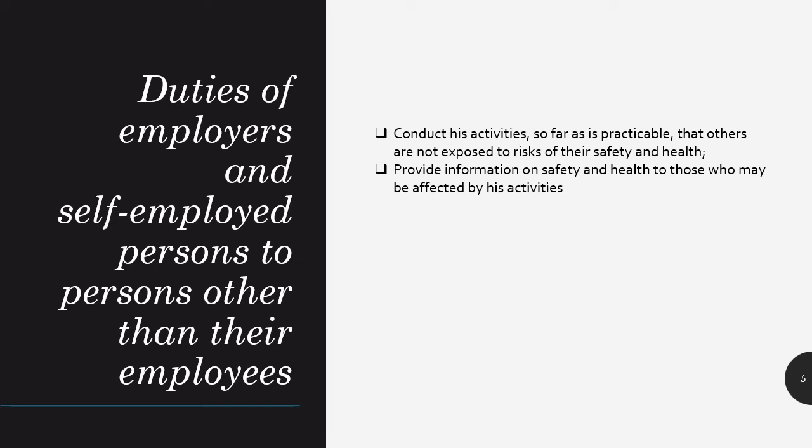They must make sure that the safety and health of the outsider is taken care of while that person is in their workplace. They also must provide information on safety and health, as this might affect the activities of this person.